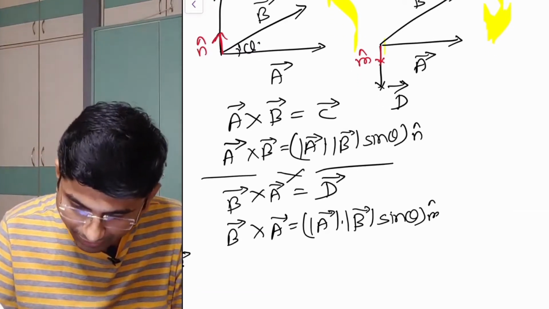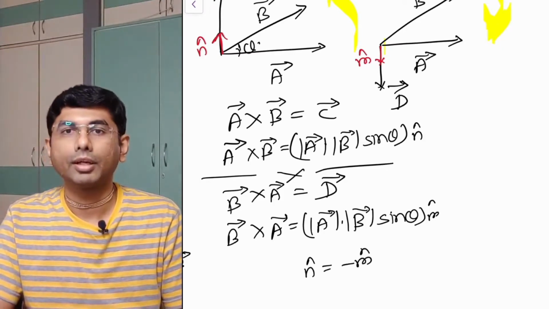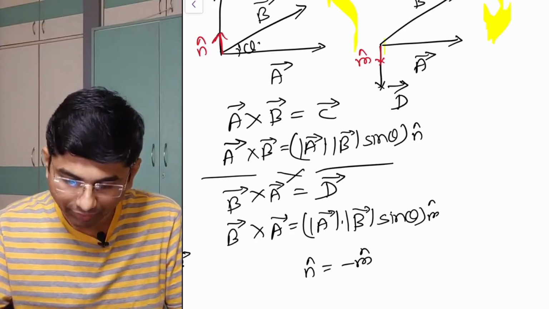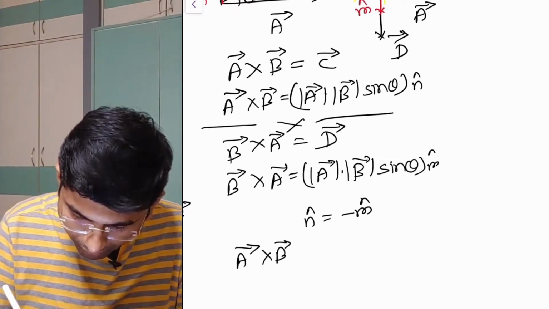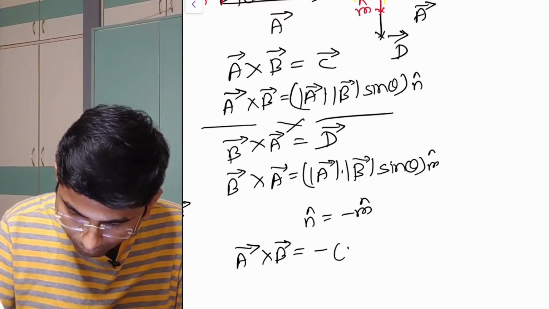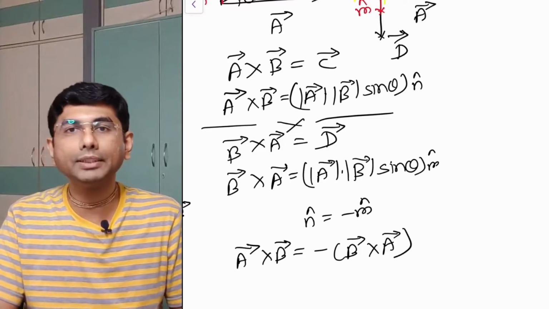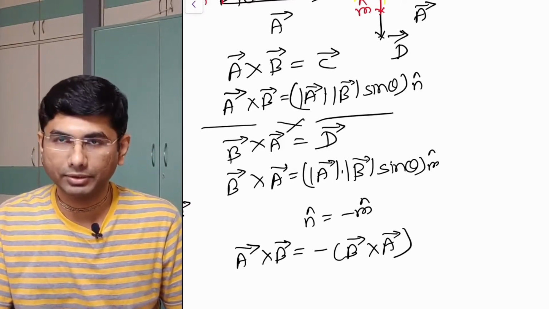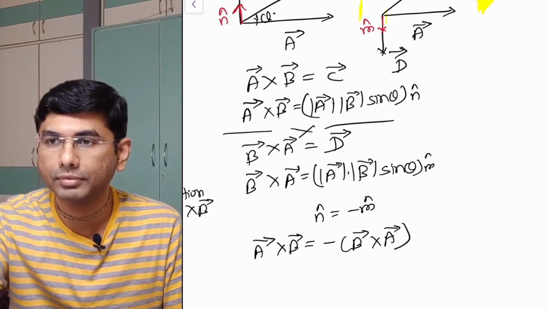Because they are in opposite directions, we can say that n cap is equal to minus m cap. Minus sign indicates the directions are opposite. So in one sense we can write like this: A vector cross B vector is equal to minus of B vector cross A vector. This means that both of them have the same magnitude and they are in opposite directions. That's the understanding about the direction of the vector.